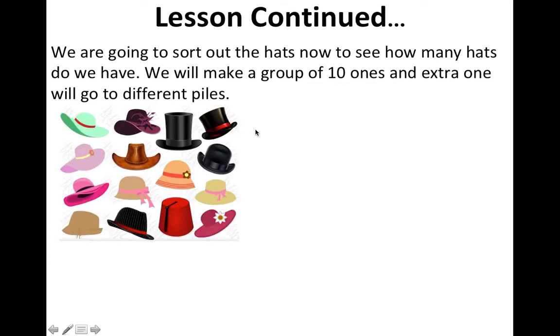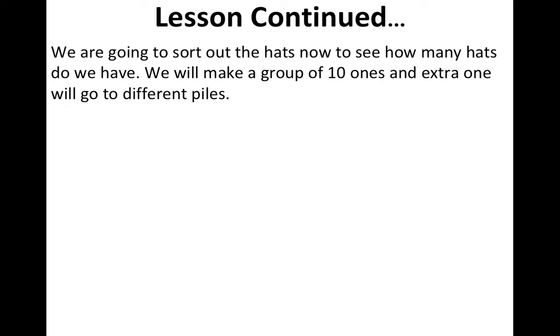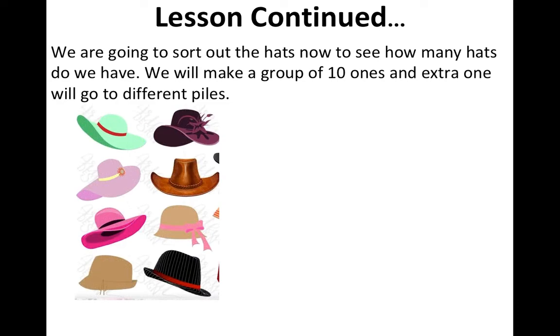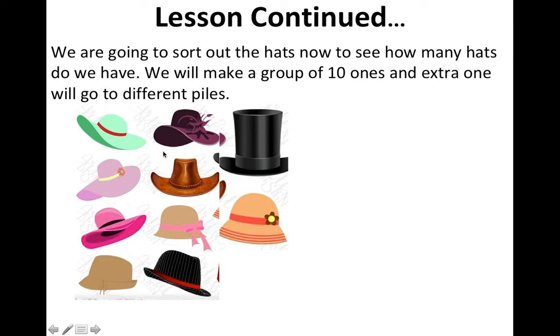So I have a group of hats, and let's see, we have to now make them into a group of 10 and some other ones. So I will make this disappear, and I'm going to do a group of 10. Let's count to make sure I have 10 hats altogether. I have 1, 2, 3, 4, 5, 6, 7, 8, 9, 10.